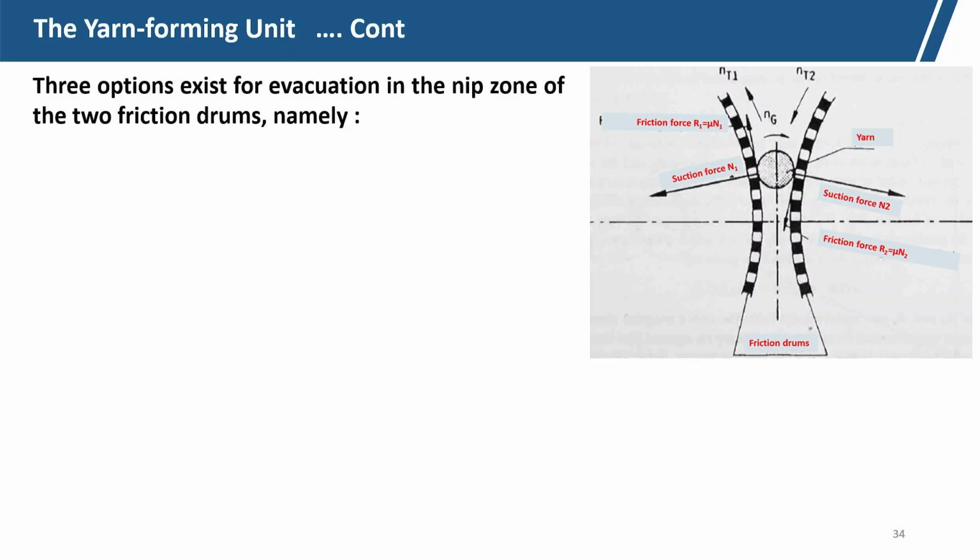Three options exist for evacuation of the nip of the two friction drums.